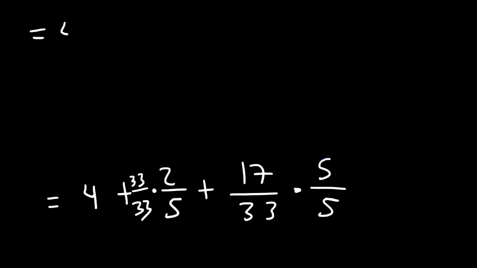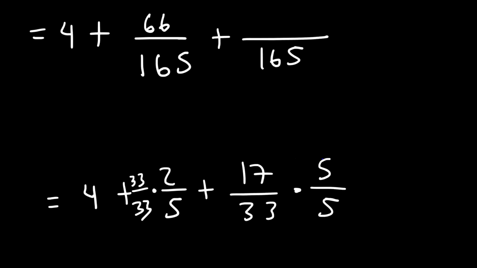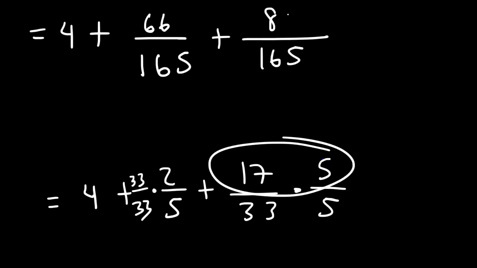And so this is going to be 4 plus, now 33 times 2 rather, that's 66, and 33 times 5. 30 times 5 is 150, 3 times 5 is 15, 150 plus 15, that's 165. And here I have 17 times 5. 10 times 5 is 50, 7 times 5 is 35, 50 plus 35 is 85.